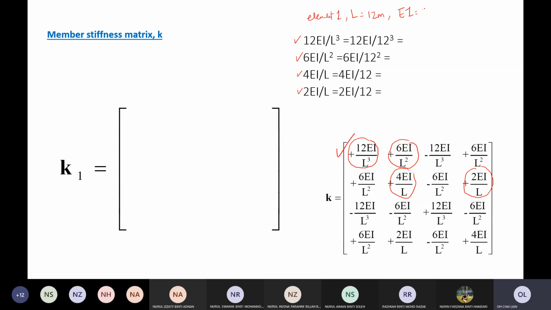EI is constant, no value given. So please find your value here.